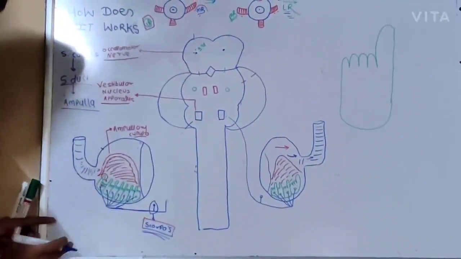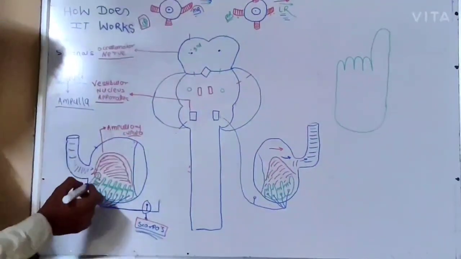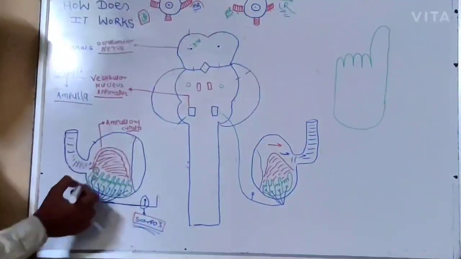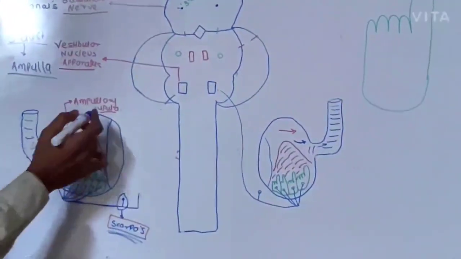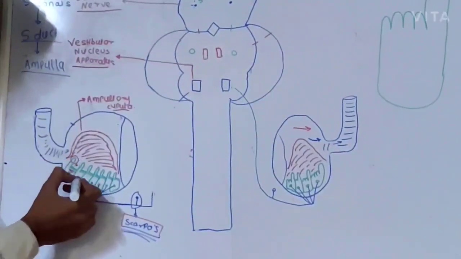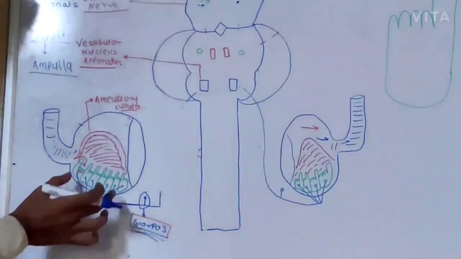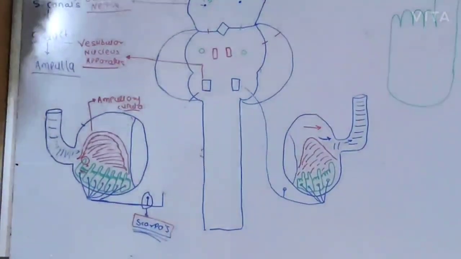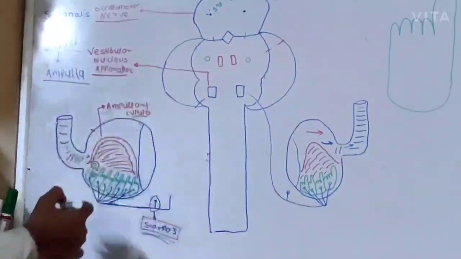This ampulla mainly consists of two important parts. First, this one in red color is the gelatinous cap-like structure known as the ampullary cupula. And the second, the most prominent, is the hair cells. These hair cells are quite important because they act as sensory detectors for this reflex.